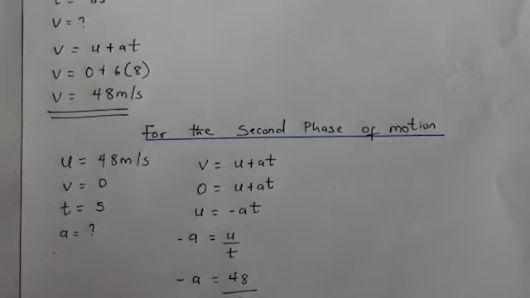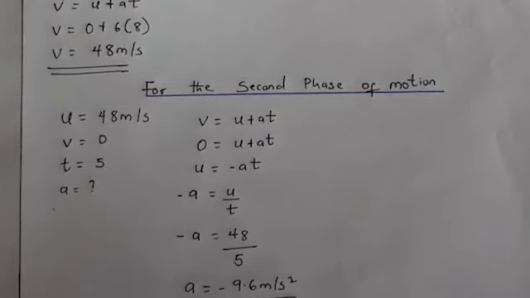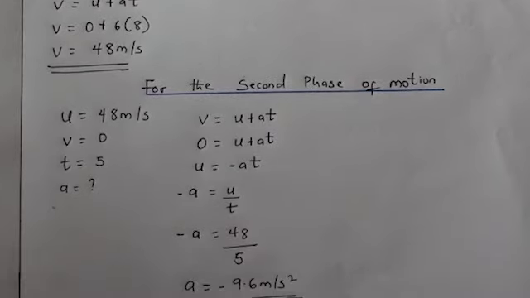We have been asked to find the acceleration during that period. But since it is coming to rest, we do not call it acceleration, we call it deceleration or retardation. We use the same formula with different parameters. In this case, v is 0 and u is 48. Making a the subject of the formula, you have minus a equals u over t.